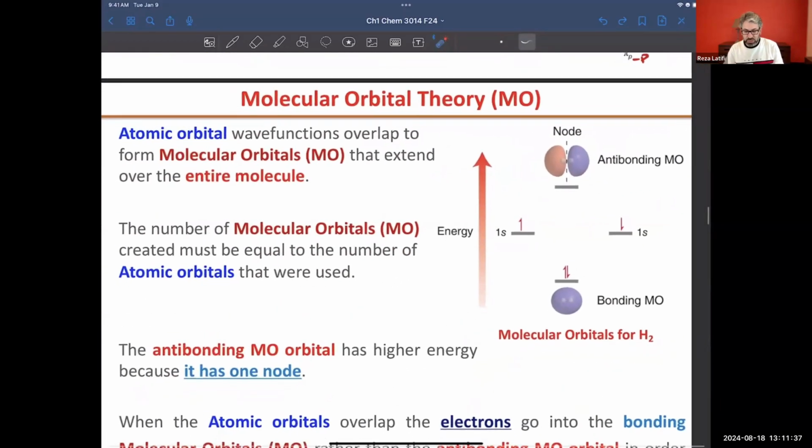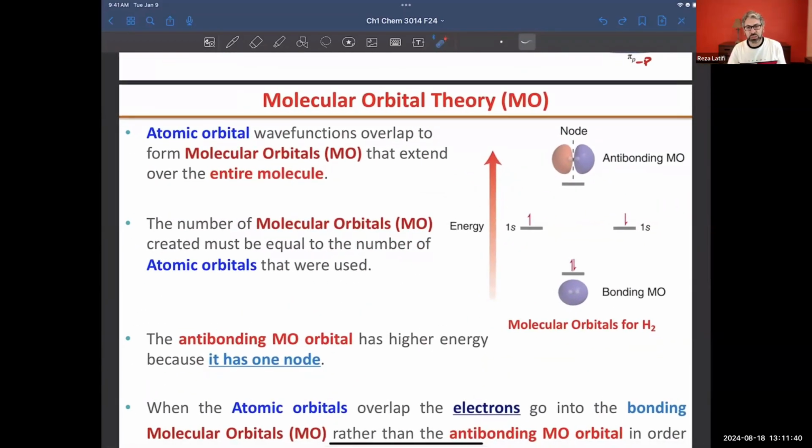Now, in general chemistry, you learned that we can mix one S plus another S, or S plus P, to get one bond. In reality, that does not happen. In reality, the electron, as I said, is a cloud. It's distributed over the entire molecule. When one molecule interacts with another molecule, it's not like one specific atom interacting with another atom. In reality, a cloud of this molecule is sensing another cloud from the second molecule.